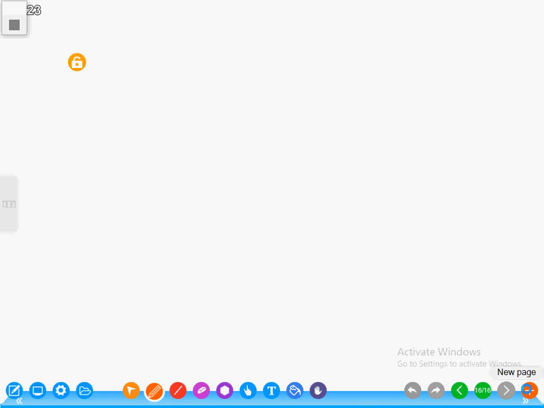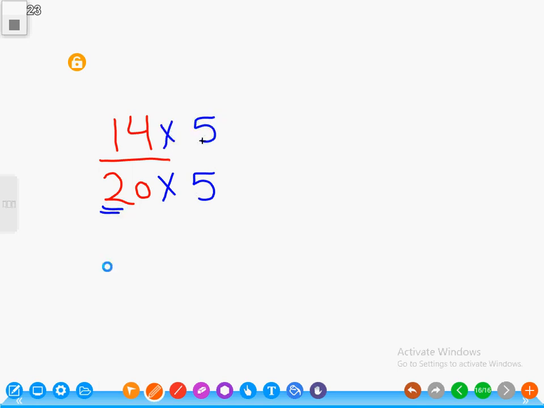Let's take another example. 14 over 20. Let's make this 20 into 10 or 100 or 1000. So we will multiply it by 5 because the friend of 2 is 5. 0 comes down, 2 by 5 equals 10, and here 14 by 5 equals 70: 4 by 5 is 20, 0 and carry 2, 1 by 5 is 5 plus 2 is 7.